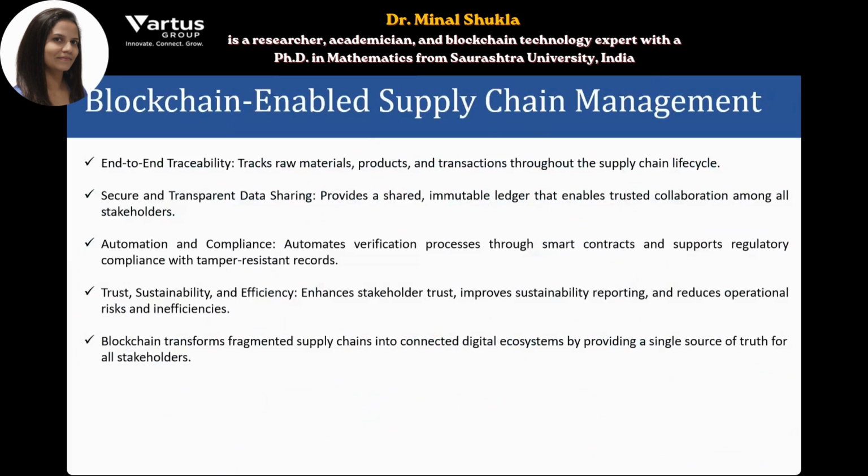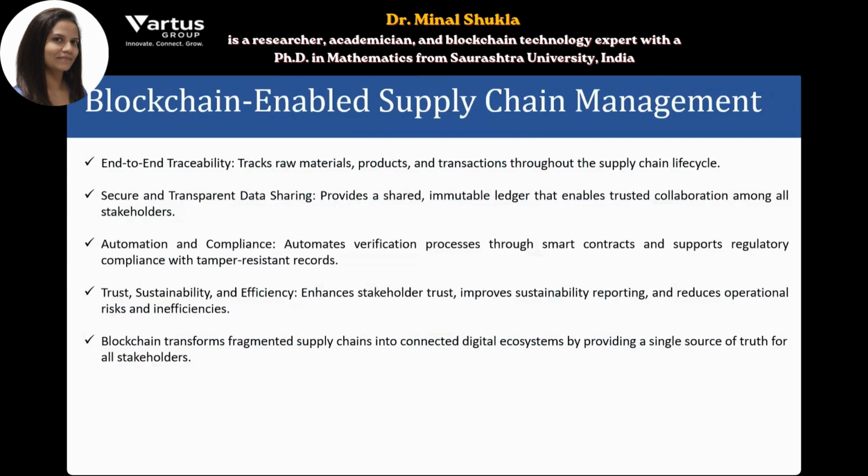It automates verification processes through smart contracts and supports regulatory compliance with tamper-resistant records. Trust, sustainability, and efficiency: it enhances stakeholders' trust, improves sustainability reporting, and reduces operational risk and inefficiencies.